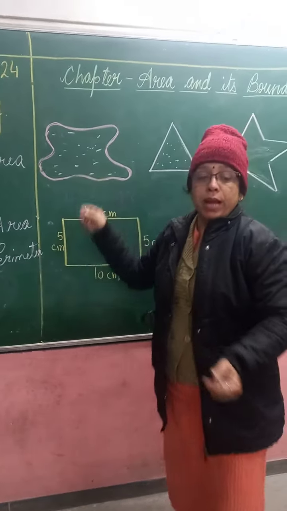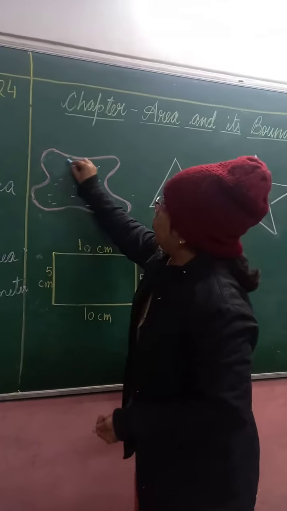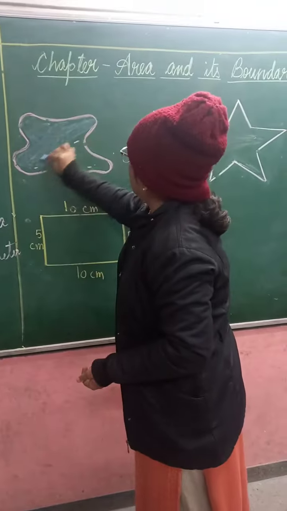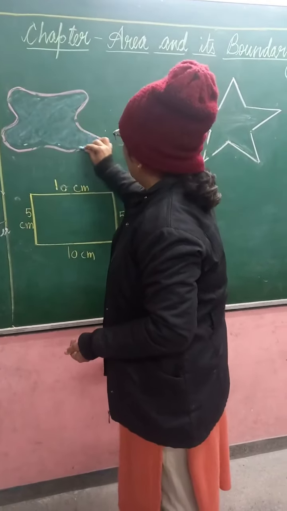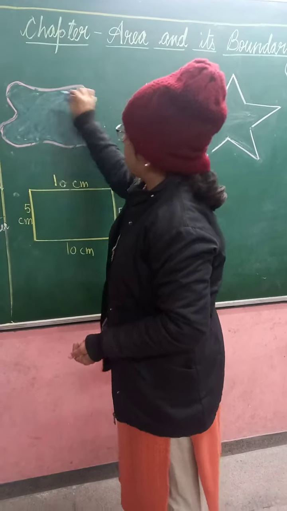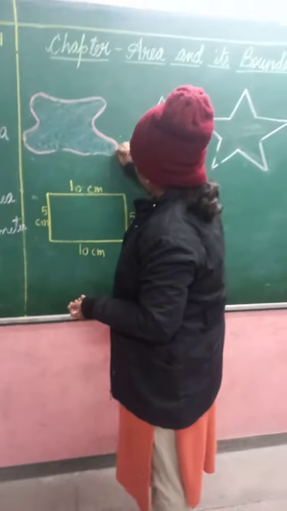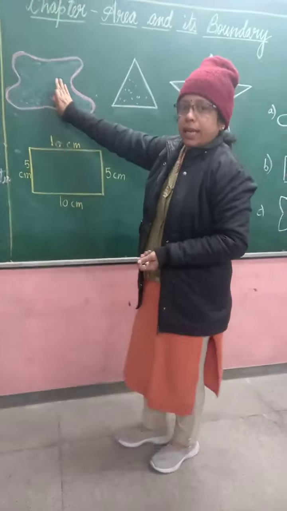And in the same way, if I am asked to shade this portion which is covered by this boundary, this portion which this boundary has enclosed is called area. So this is the boundary and this space is the area.